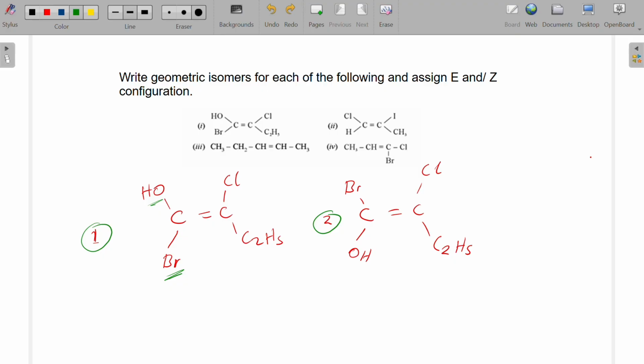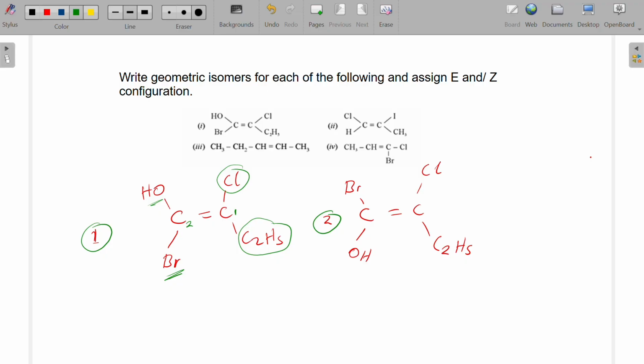The atom that is connected to the carbon holding the functional group with the highest atomic number, that would be the one we're going to prioritize or give priority. So let's start. We have on this carbon here, carbon number 1, let's call it carbon number 1 and call this one carbon number 2. On carbon number 1 here, we have chlorine and we have an ethyl group here.